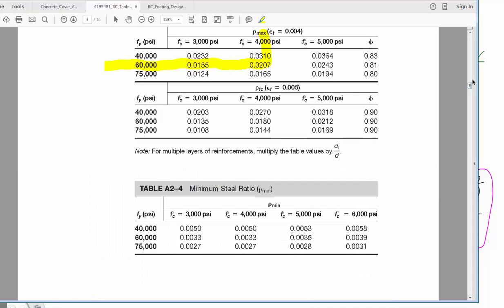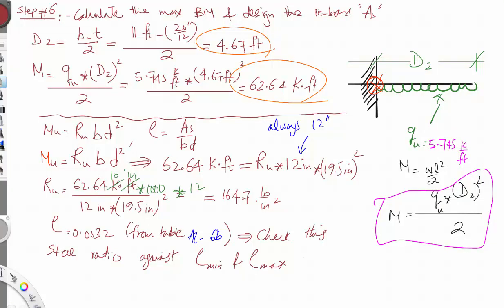So for minimum, I have steel 60,000 and this is 4,000 concrete. So the minimum is 0.0033, which is larger than what I found here. So minimum is equal to 0.0033.